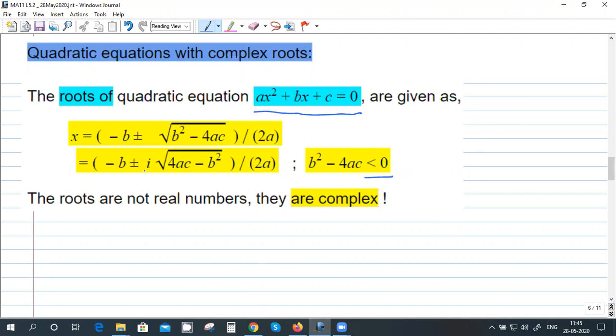Square root of minus 1 is i, so we take it out, and this will be a real number. So the roots of this equation will be complex because i is there.